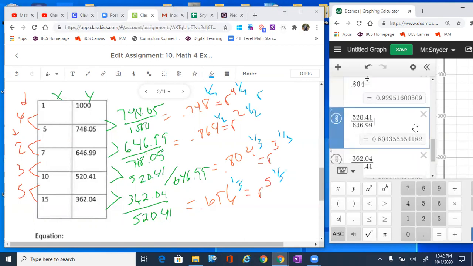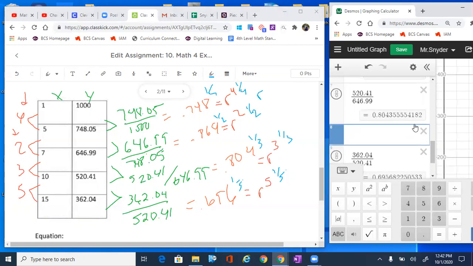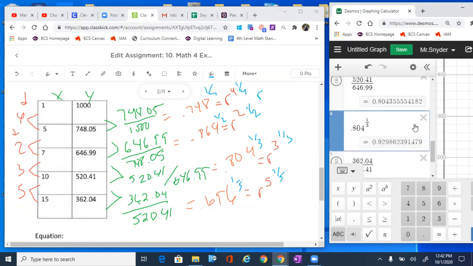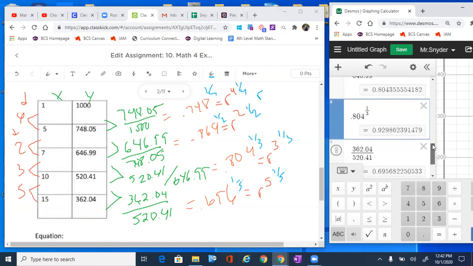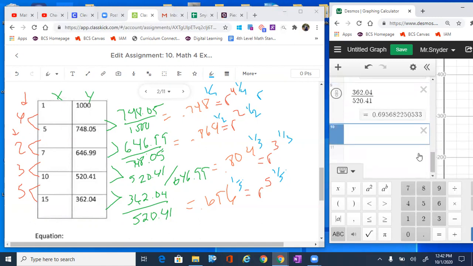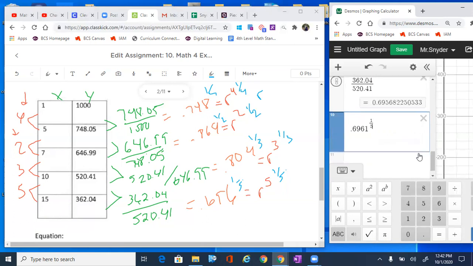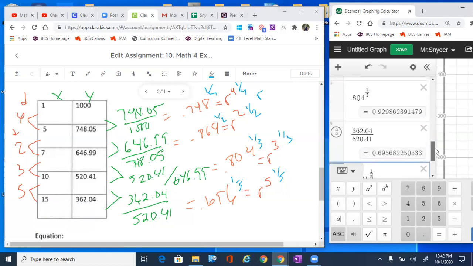If I go to the next one and I put 0.804 to the 1/3 power, guess what? It gives me the exact same answer. And then if I go to the last one, 0.696, and I go to the 1/5 power, it gives me 0.93, which is pretty close.